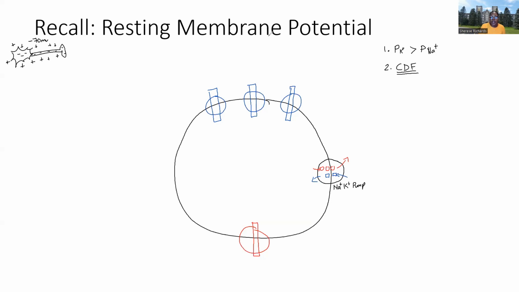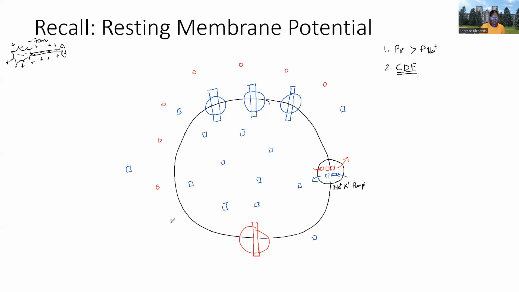So let's look at what that looks like. Again, we're thinking about our sodium-potassium pump and what it's doing. Because it is pumping potassium in, we've got a higher concentration of potassium inside our cell, quite a few of these, and then very few on the outside. If we think about sodium, sodium has a higher concentration outside, because it's actively being pumped out.